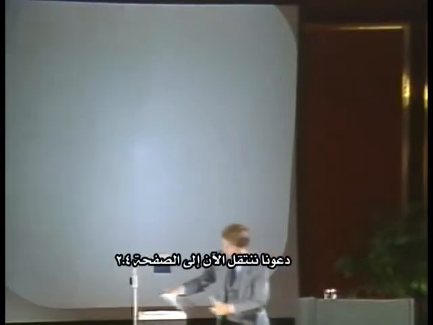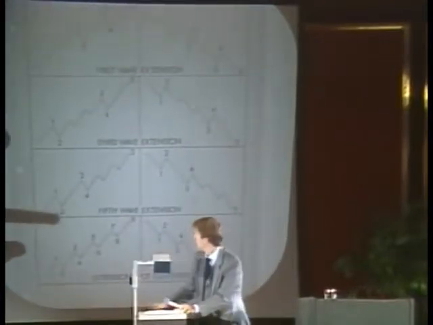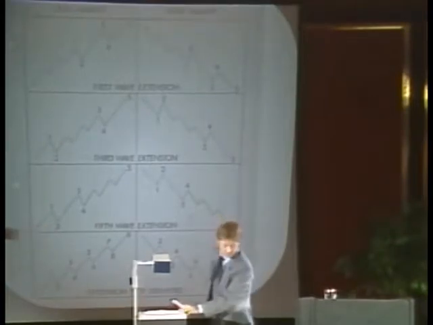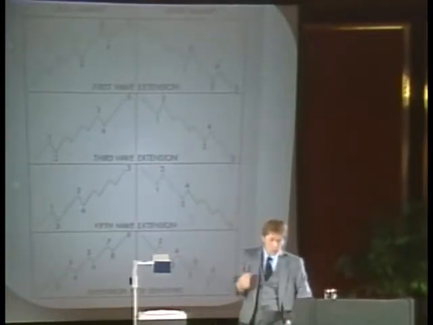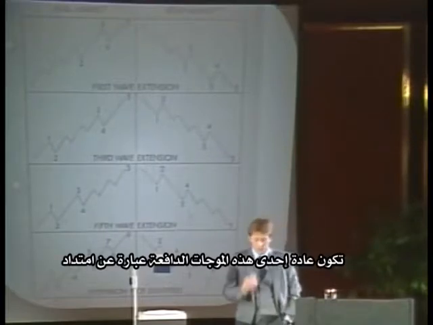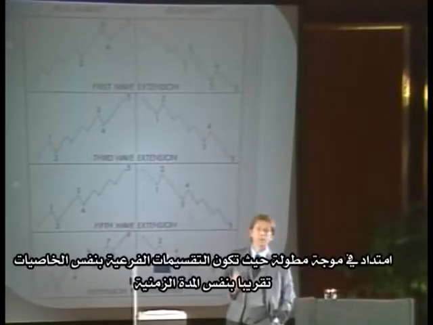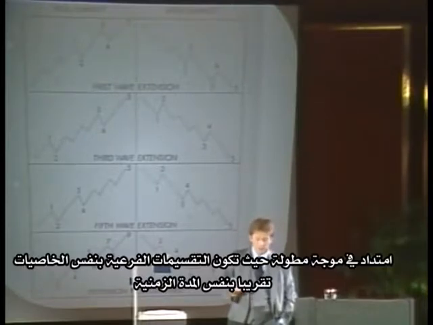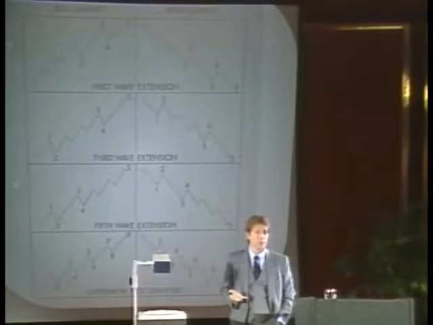Now let's move to page 2.4. Usually, one of these impulse waves will be an extension. An extension is an elongated wave where the subdivisions are nearly the same amplitude and the same duration.